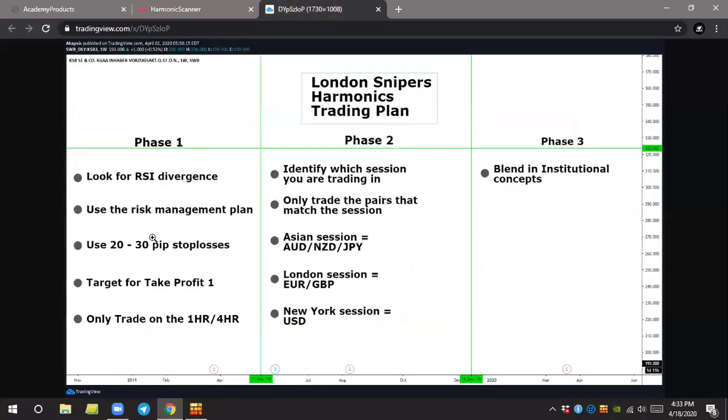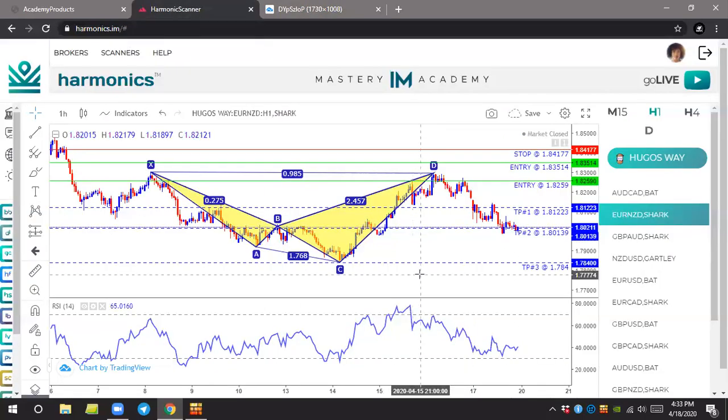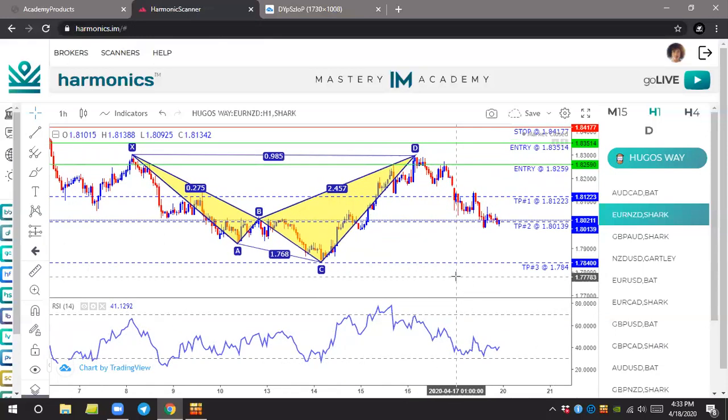So let's go ahead and start on phase 1, looking for RSI divergence, guys. RSI divergence simply means that when you log onto the harmonic scanner, you have this graph down here that says RSI, the relative strength index of the market, and we're looking for something very specific: what we call RSI divergence.